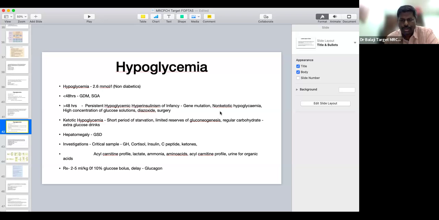It causes non-ketotic hypoglycemia. So remember that hyperinsulinism is an important cause of non-ketotic hypoglycemia. When you get a scenario where sugar is low and ketones are low, remember it is probably only two conditions. One is hyperinsulinism. Can anyone tell the other condition which can present with non-ketotic hypoglycemia?